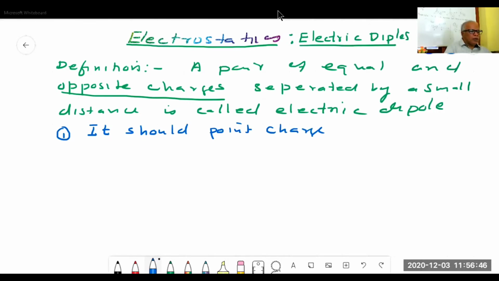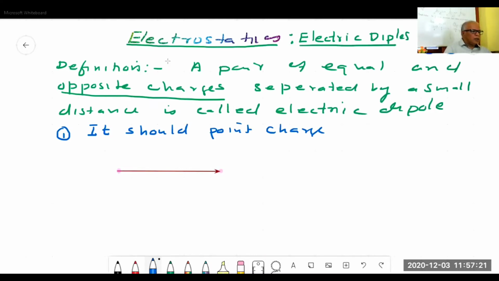Now let us draw. Let us draw a dipole system like this. We mark two charges here: one charge here, the other charge here.